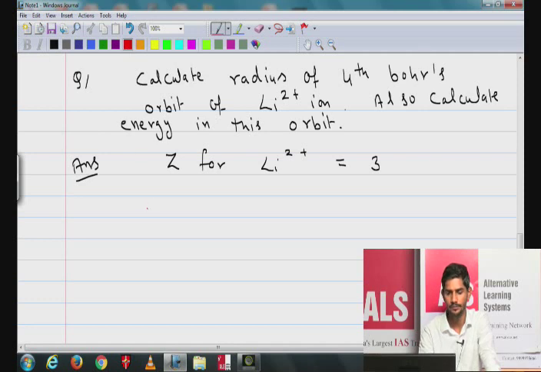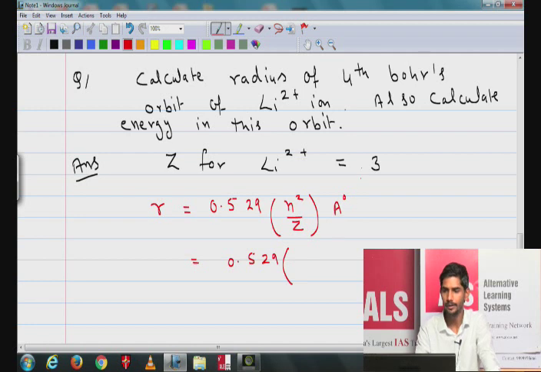See, we know the radius of an orbit in an atom is equal to 0.529 n square by Z angstrom. Now n is 4 because they are talking about the fourth orbit.